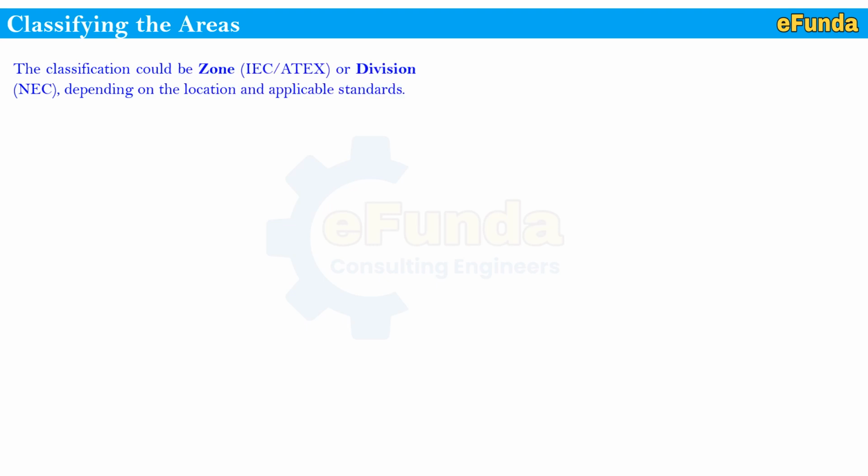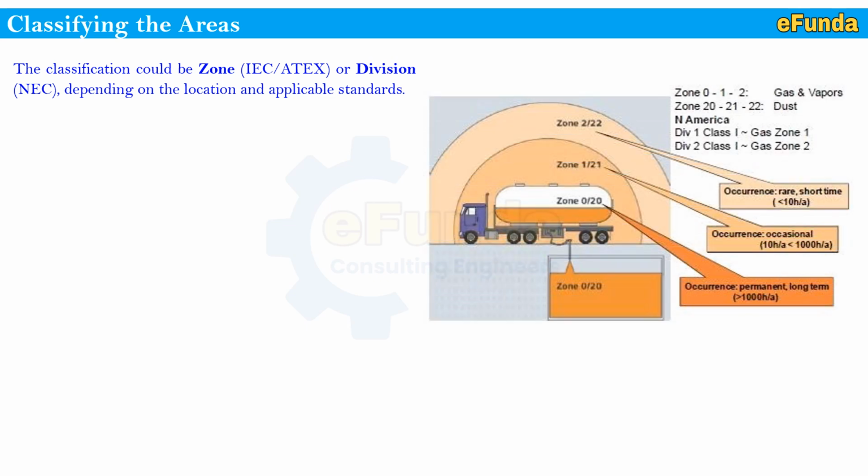Classifying the area. Once the potential hazardous areas are identified, then follows the classification. The classification could be zone, that is IEC or ATEX, or division, that is NEC, depending on the location and the applicable standards. One can refer to the picture where the segregations are done with respect to zones and divisions. Zone classification, IEC or ATEX.